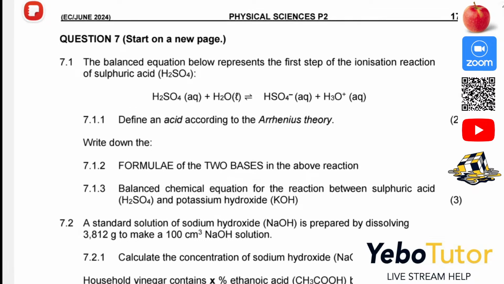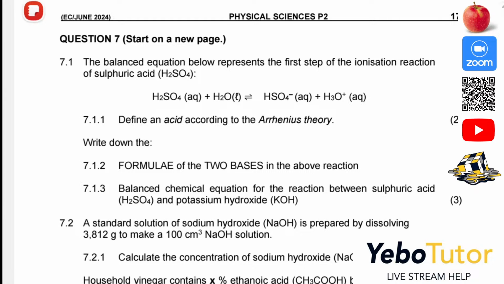Question number 7, which is the last question, guys. The balanced equation below represents the first step of the ionization reaction of sulfuric acid, H2SO4, as you can see. Define an acid according to the Arrhenius theory. Guys, an acid produces hydrogen ions.